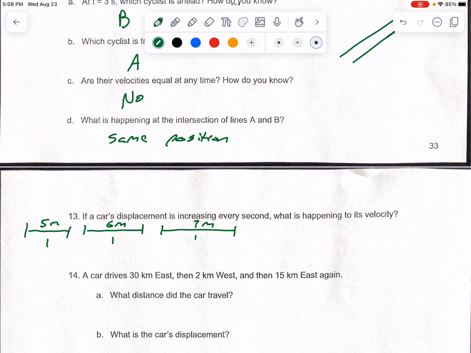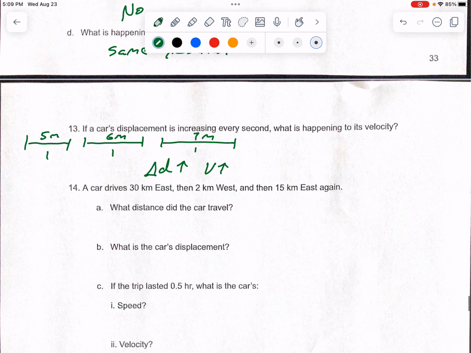You're increasing the amount of ground you covered each second. If displacement is going up, velocity has to be increasing as well. If you want constant velocity, you'd have to run 5 meters every single second and nothing ever changes. That's what constant velocity would look like.